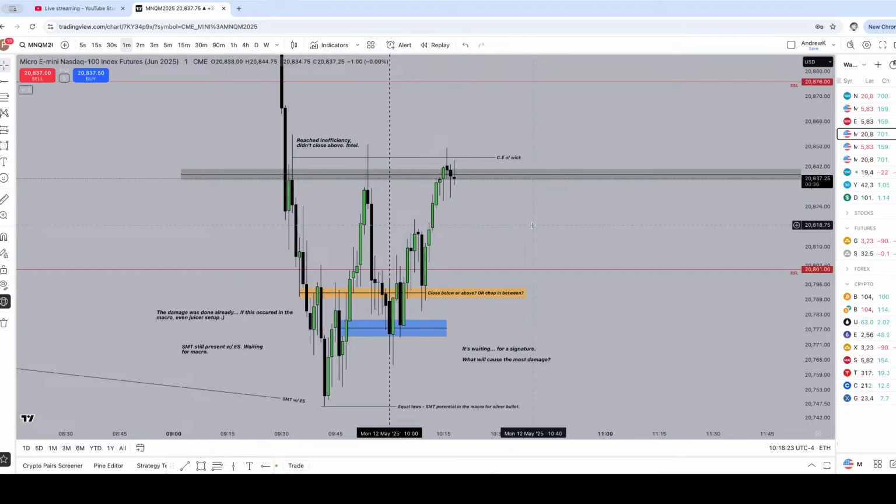So study the midpoint of that wick. Still want to watch it. Still important. Still says no, you cannot pass.